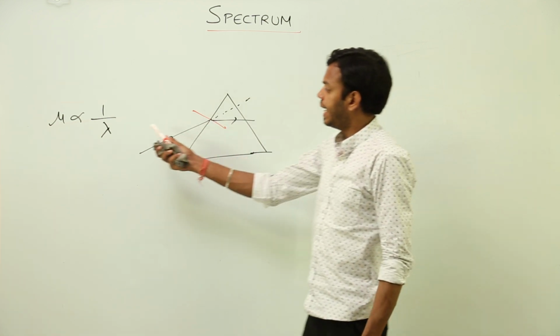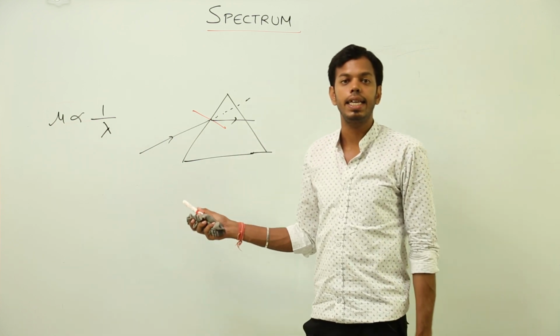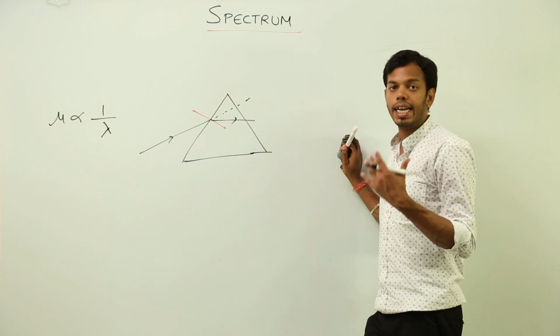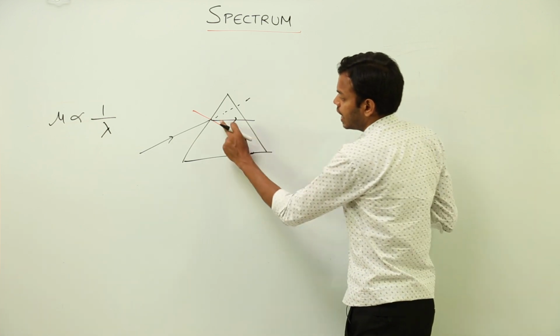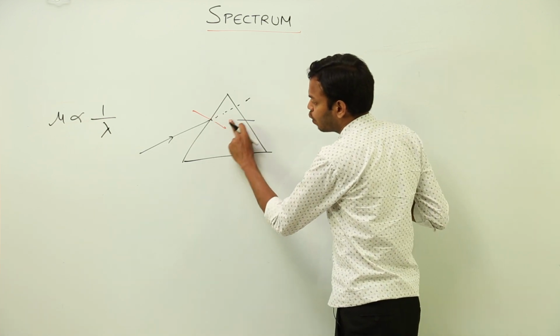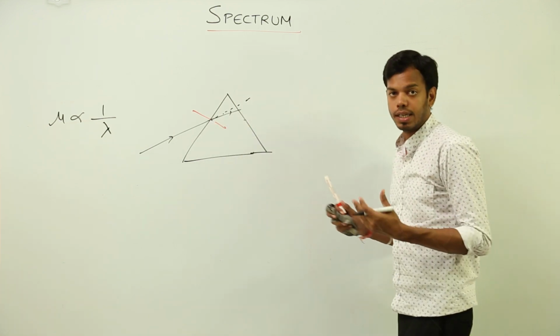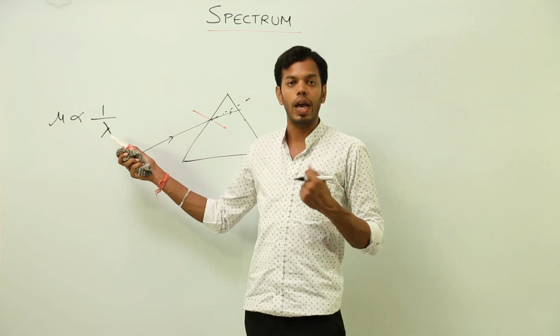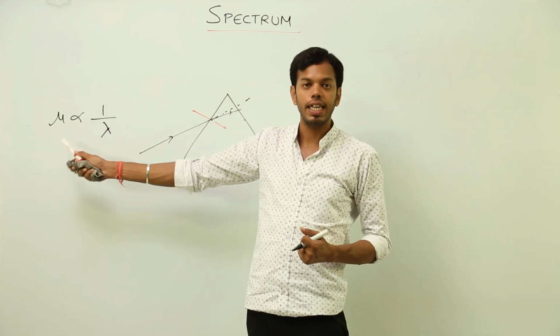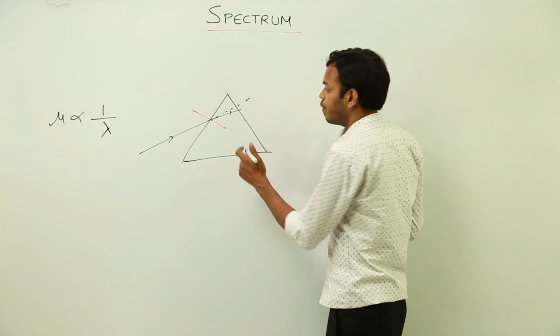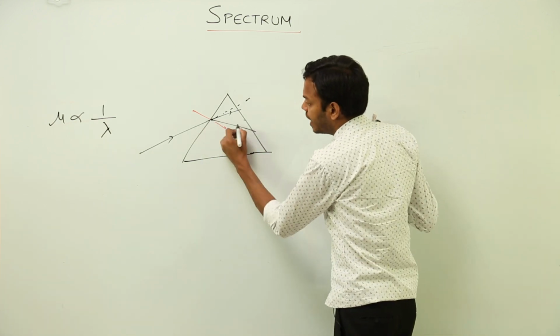But if this light has a very high wavelength, it is going to be refracted very little. That means it is not refracted much towards the normal. But if the wavelength of light is very small, it is offered a very high refractive index, so a very large bending takes place towards the normal.